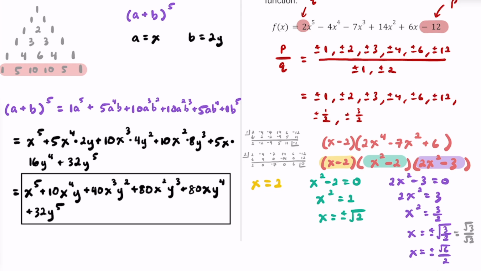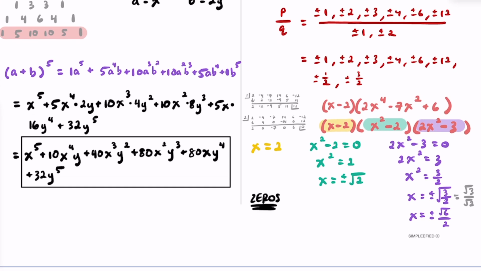So putting this all together, we could have up to 5 zeros, and it looks like we have all 5 of them. One of the zeros is going to be x is equal to 2. One of the other zeros we just said a moment ago was going to be the positive square root of 2. So we can say positive root 2. We can also say it's going to be negative root 2. I'll separate all these to show you all 5 of them.